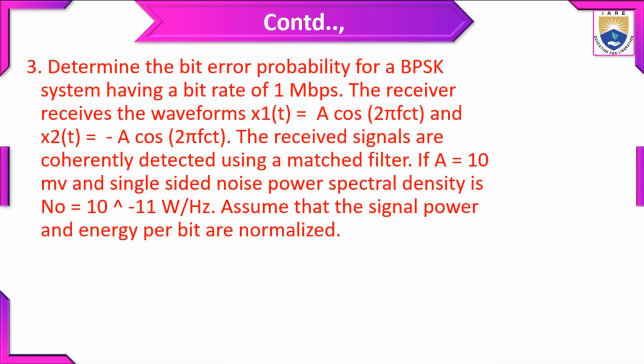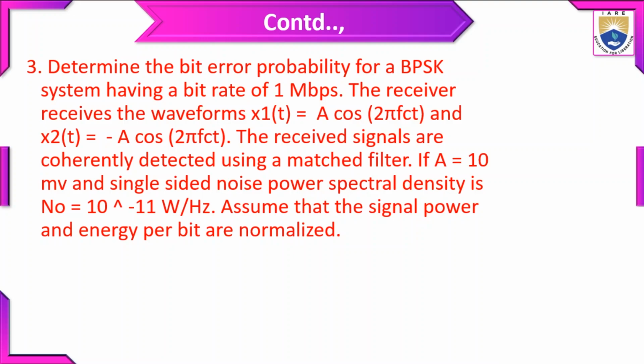Coming to the third problem: determine the bit error probability for a BPSK system having a bit rate of 1 Mbps. The receiver receives the waveforms x1 of t is equal to A cos 2 pi fct and x2 of t is equal to minus A cos 2 pi fct.